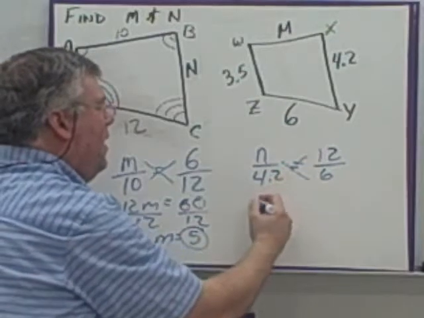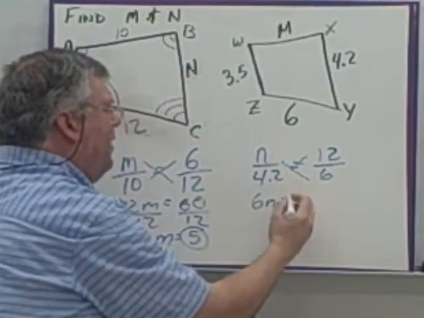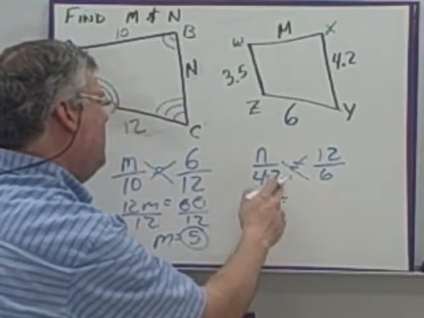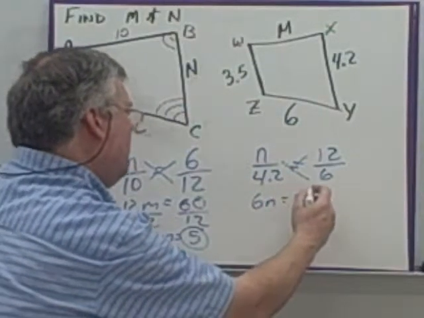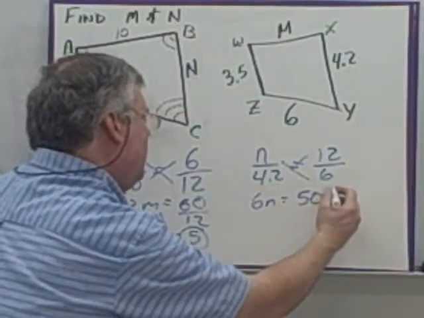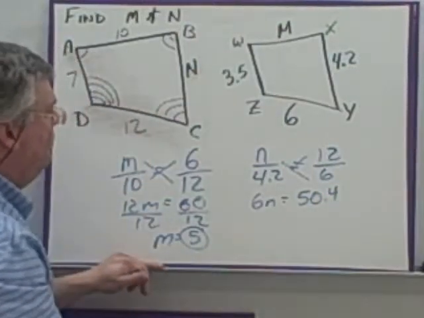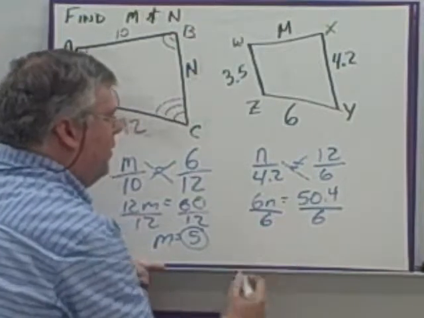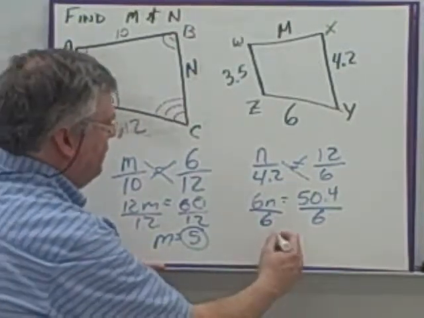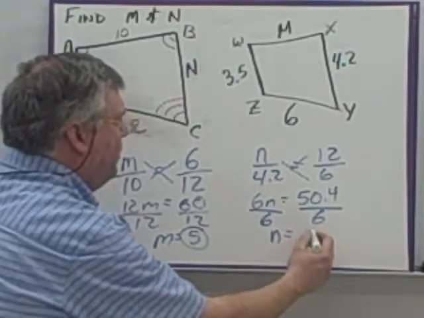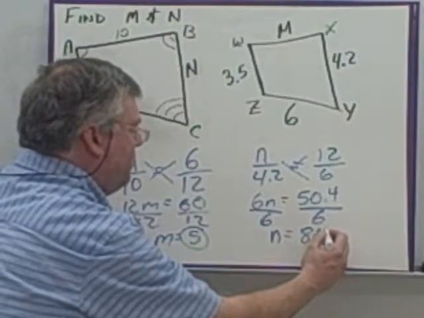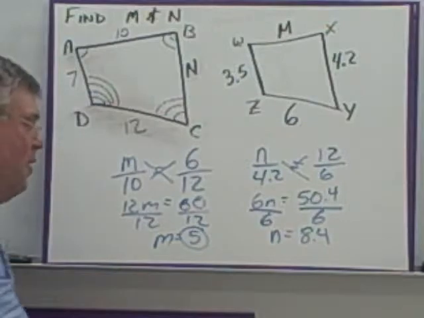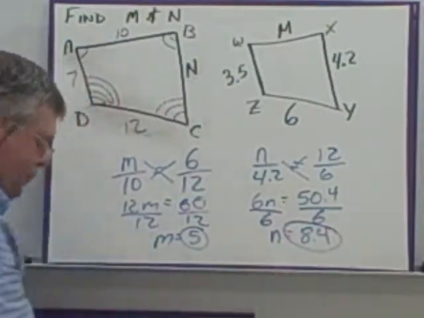Cross multiply, I get 6N is equal to, and I believe if I do 12 times 4.2, I get 50.4. You divide by 6, and you're going to get N is equal to 8.4. And you can check that in your calculator.